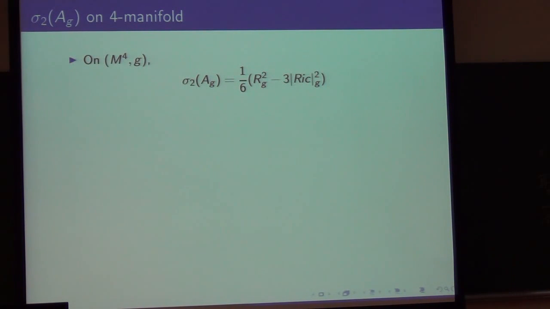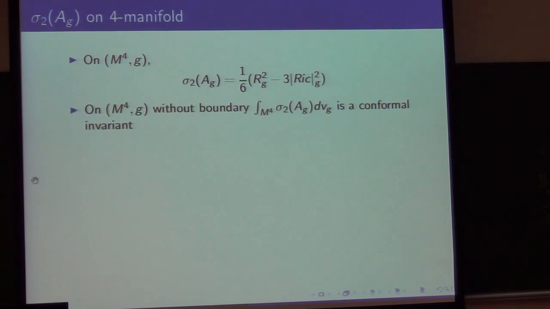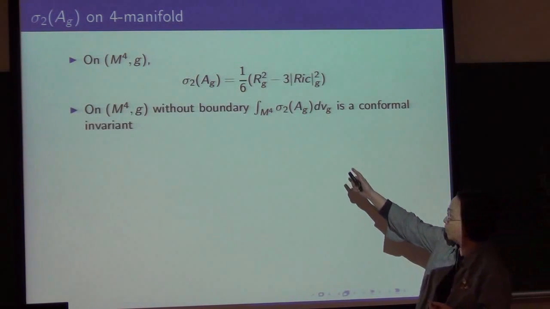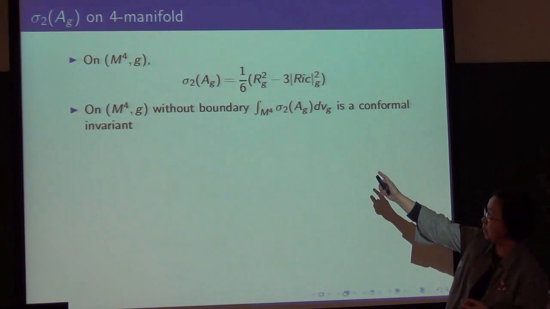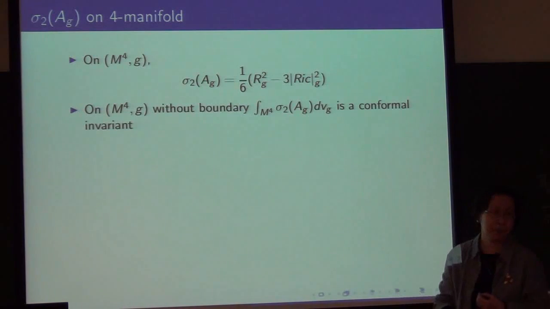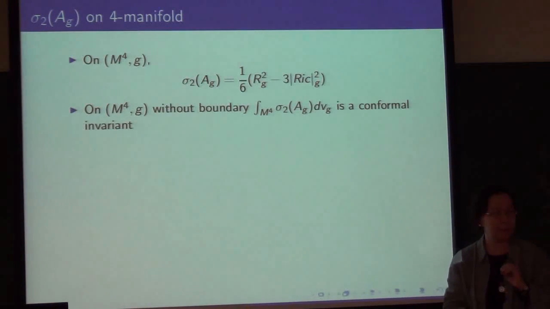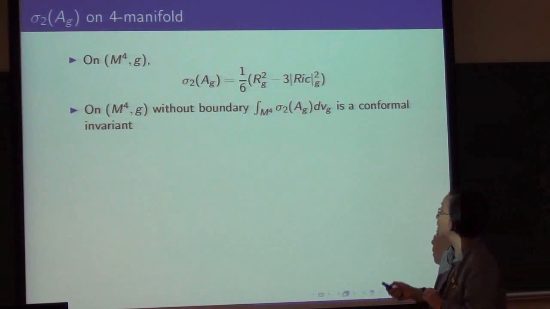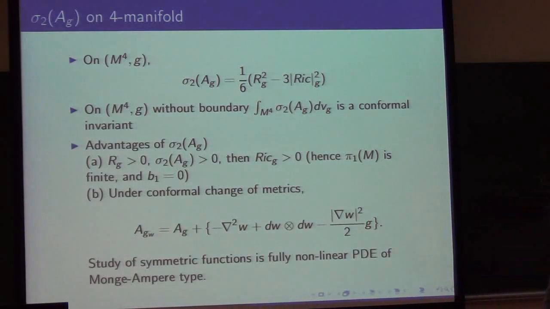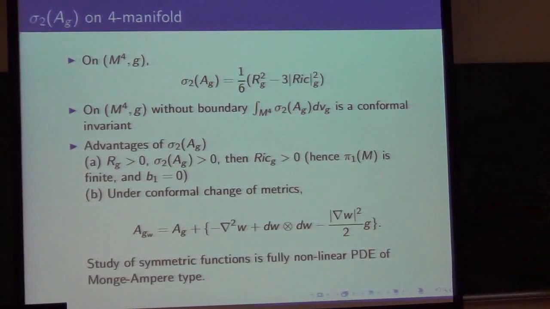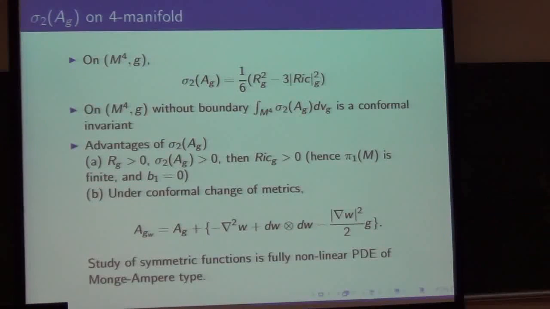So why does that help us? It is because of the following fact. What I have just said is that on a 4-manifold, the integral of the second symmetric function, sigma 2 of the Schouten tensor, is a conformal invariant. Why is there an advantage to studying this integral?